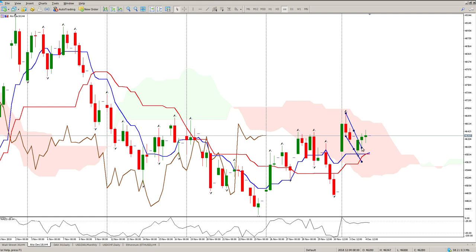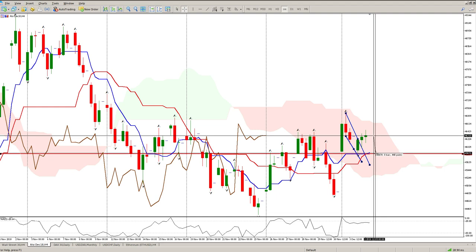Okay, so let me just extend that down. So we've broken out, so you could be looking at a retest. Retest would come to Kijun-sen and Tenkan-sen here, which is the previous low, which is quite a bit there. So that is a possibility that we just have a short pullback.